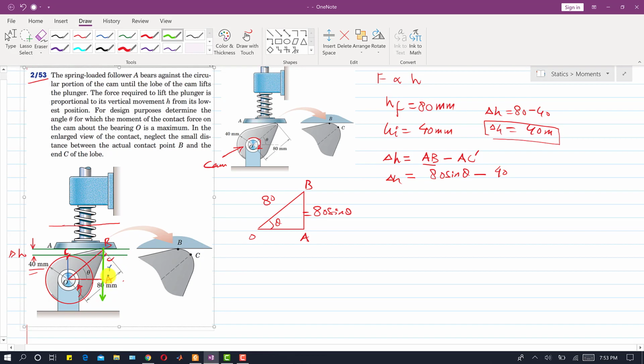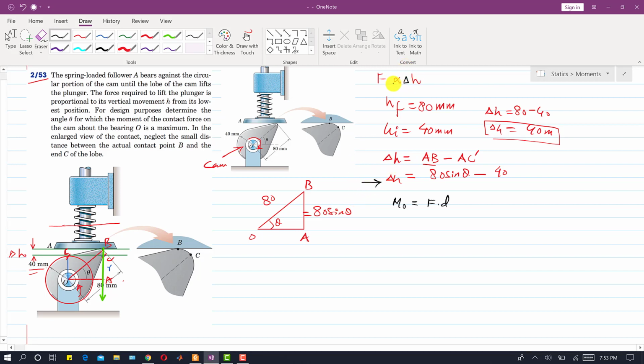So we need to find the moment of this force. If we find the moment of this force, I will have to write moment about O, which will be equal to F into the perpendicular distance. As it is given that this force is directly proportional to the distance traveled from the lowest position, instead of h, I write delta h, since we have determined the equation for delta h.